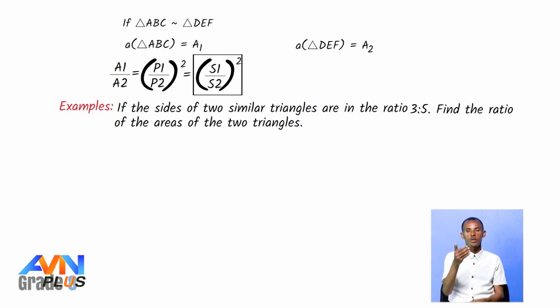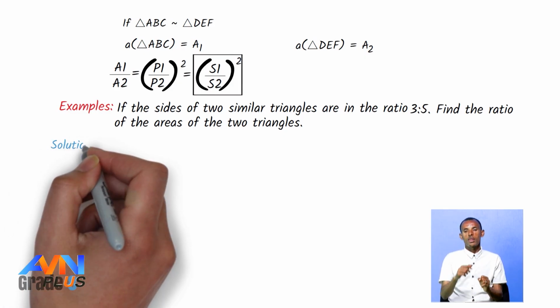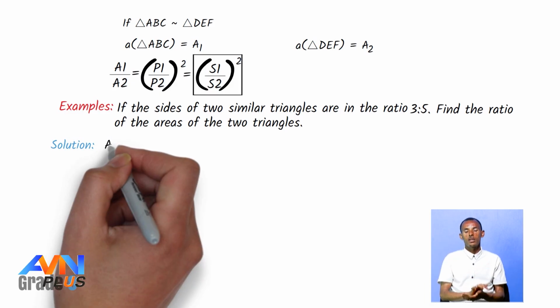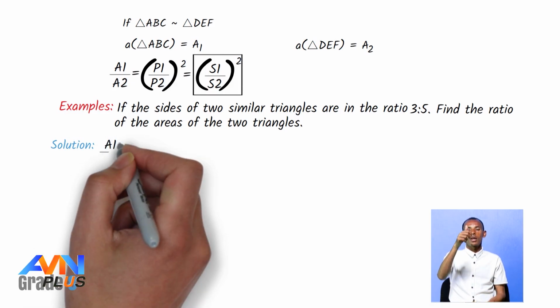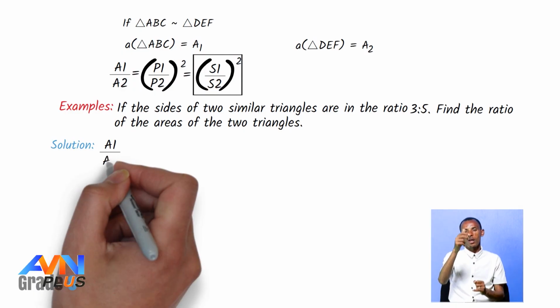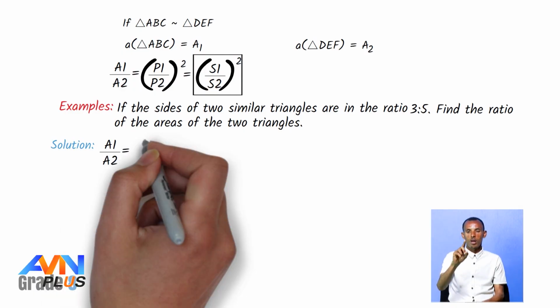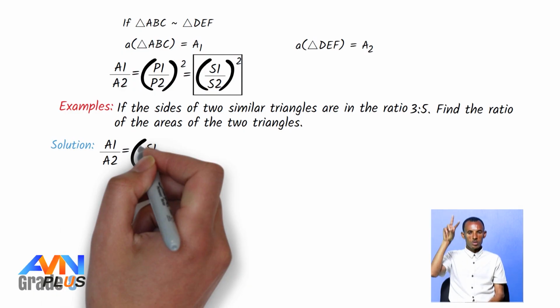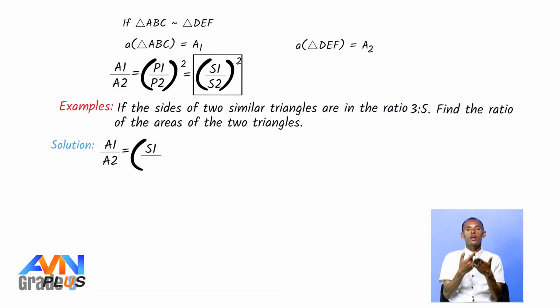Good. So from our derivation, we can take that A1 by A2 is the same as S1 by S2 the whole square, right? Here S1 by S2 is 3 by 5.